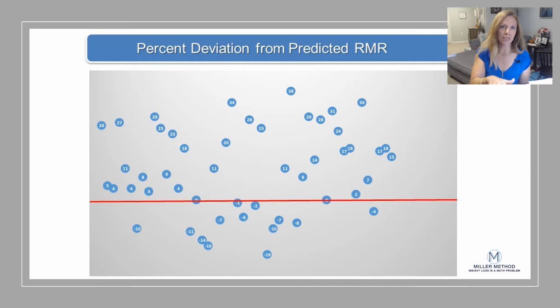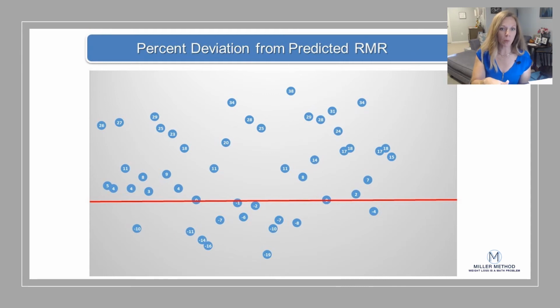So what this scatter plot is showing you is how much variance exists in people's actual metabolisms compared to the predicted values. Again, each little blue circle is a client. The number inside the blue circle represents the percent deviation from the predicted value. There are only 2 people out of the 50 here that have metabolisms at the predicted value.